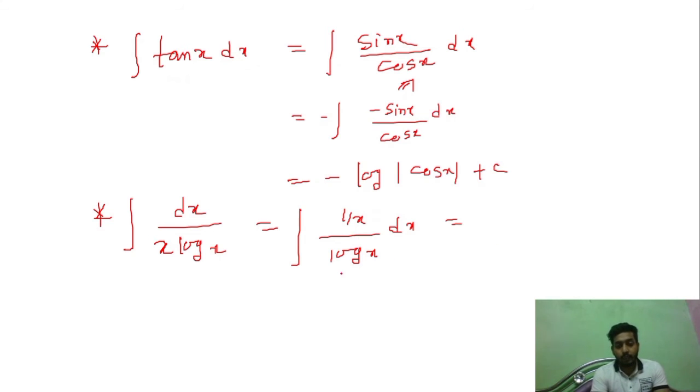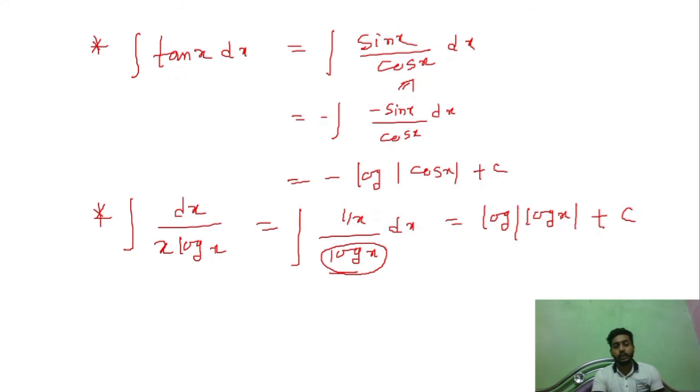So the derivative of the denominator is equal to the numerator. So we can write the integration as log mod denominator. The denominator is log x, so log mod log x plus c. This is the way to find those type of integration.